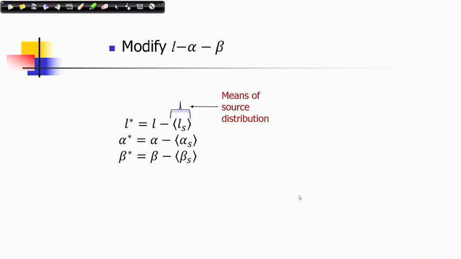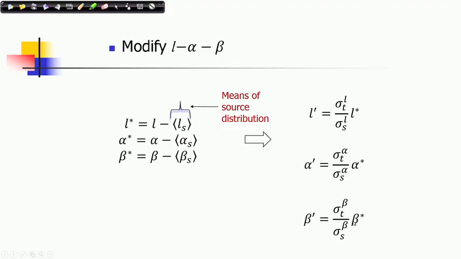I mean, your source distribution also should be similar to the variances or standard deviations of the target distribution. So, you perform a proportional scaling, a scaling in proportion to the ratios of standard deviations, to make these operations.